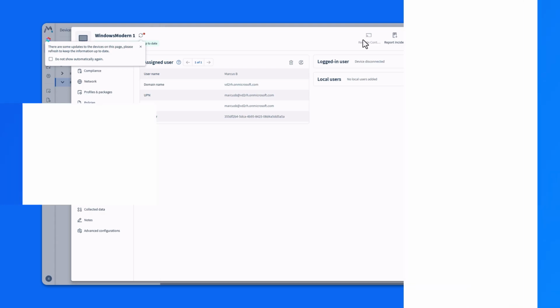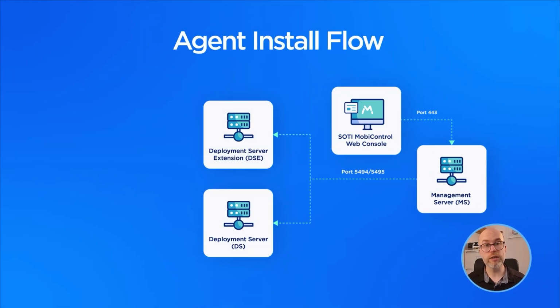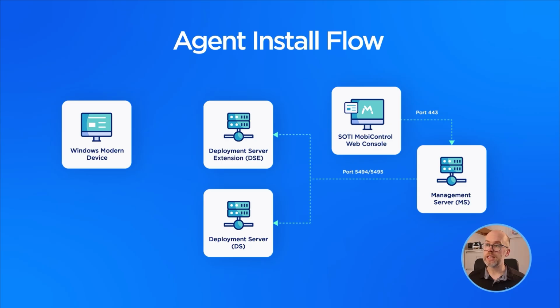Why is this? Now, we'd refer to the way that the Windows modern devices enroll into SOTI MobiControl as an agentless enrollment, meaning that the capability of communicating with SOTI MobiControl is built into the Windows modern operating system for Professional, Enterprise, and IoT Enterprise editions of Windows Modern. When the device does enroll, it communicates with a component on SOTI MobiControl called the deployment server extensions.